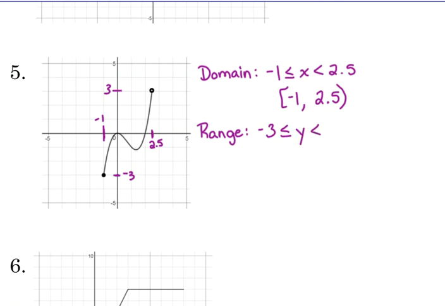And it's not equal to that 3 up there at the top because, again, it has that open circle. It doesn't actually get all the way to +3. It just gets really, really close to it. So our interval notation here, -3 with a bracket, +3 with the parenthesis.